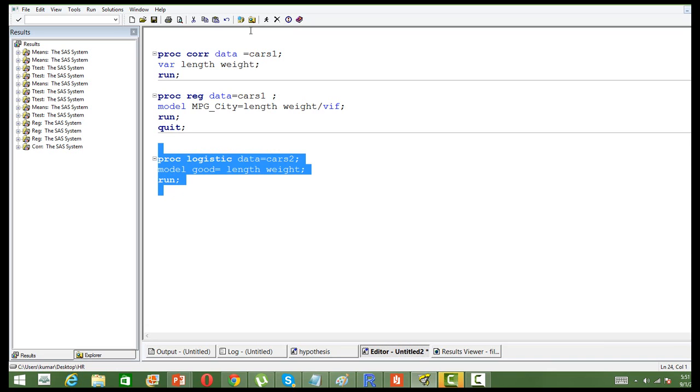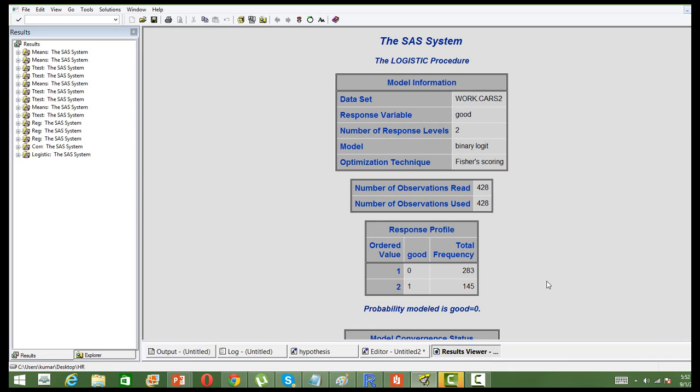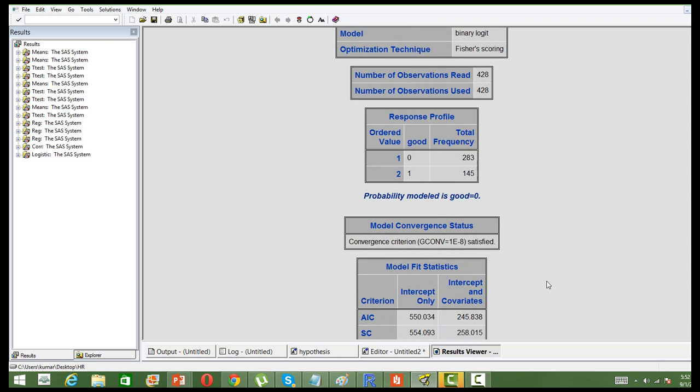Let me run this. Now here, there will not be any R square values.